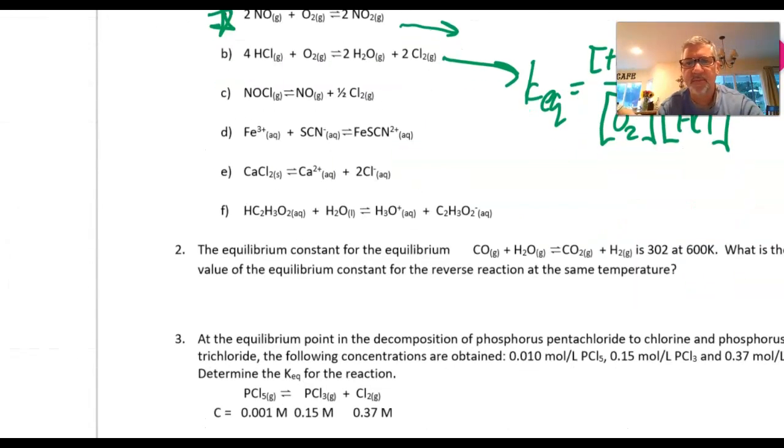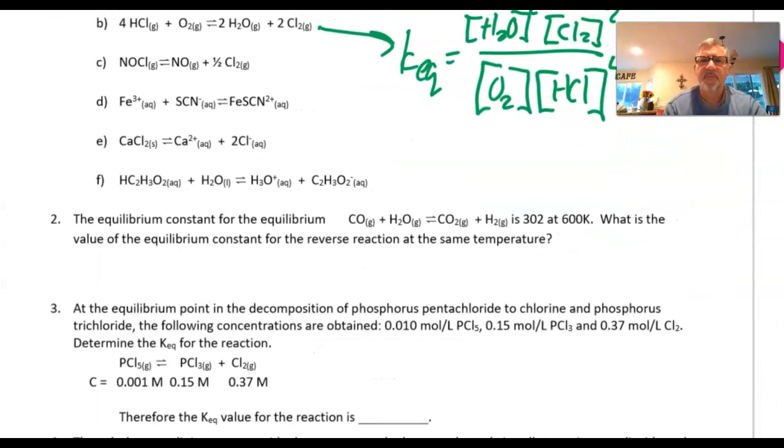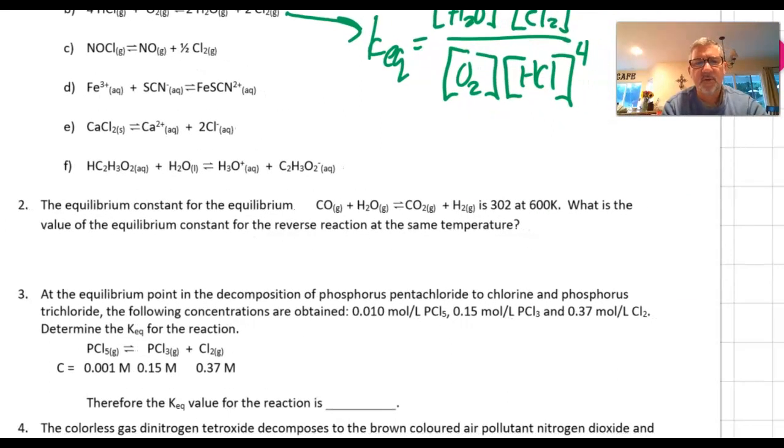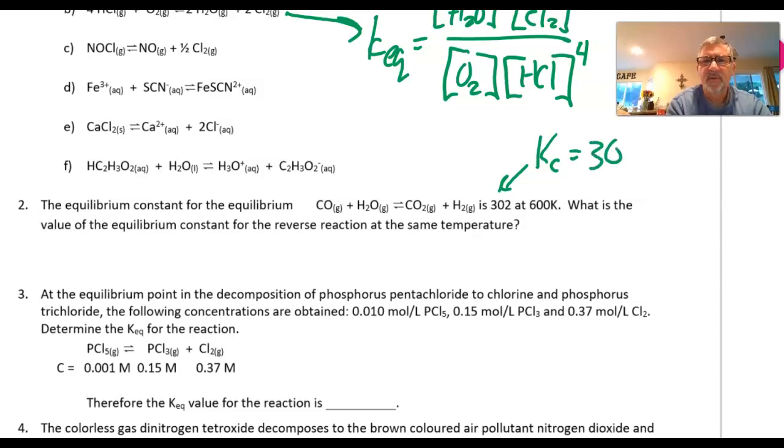Those are pretty easy. Down here, when you get to 2, 3, and 4, it's the same as we had up above. It tells you here that my Kc is for the forward reaction.